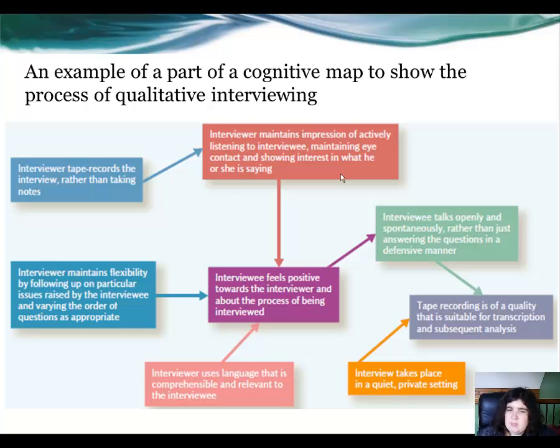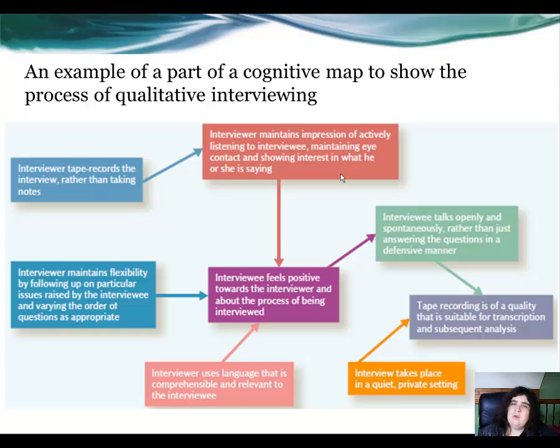The interviewee feels positive towards the interviewer and about the process of being interviewed. Basically, the outcome is a tape recording which is of a quality that is suitable for transcription for subsequent analysis.